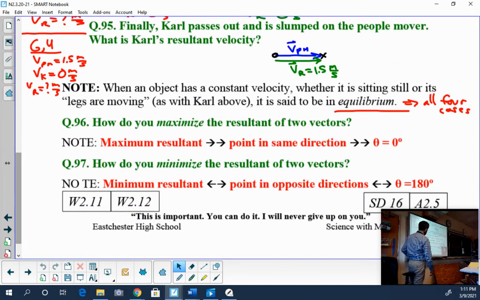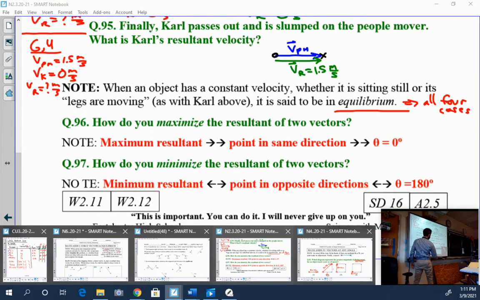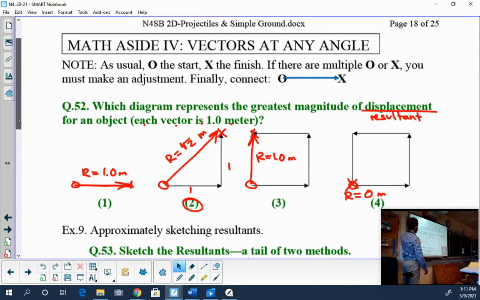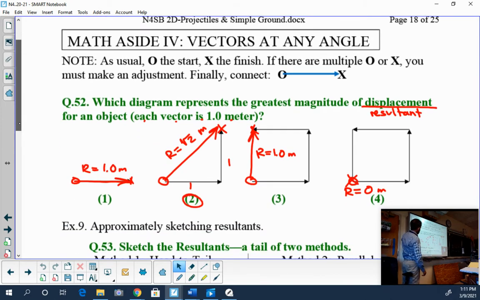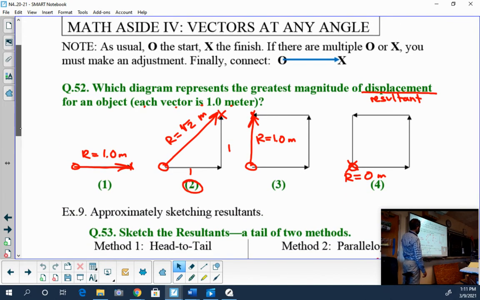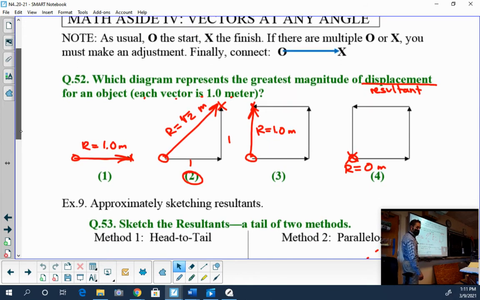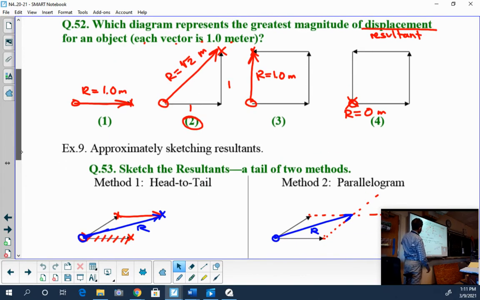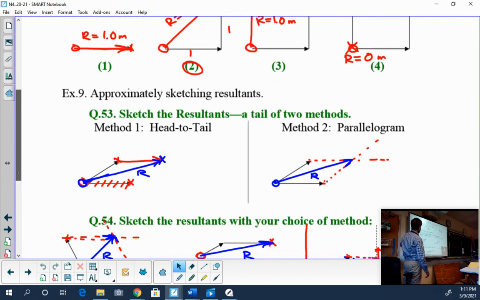Okay, that was that. We then did these with a bit more detail in Unit 4. Here we talked about doing them at any angle. So again, circle to start, X to finish. Make them head to tail, draw that resultant from circle to X. That process is the same throughout. So no matter how funky the drawing becomes, the process is the same.